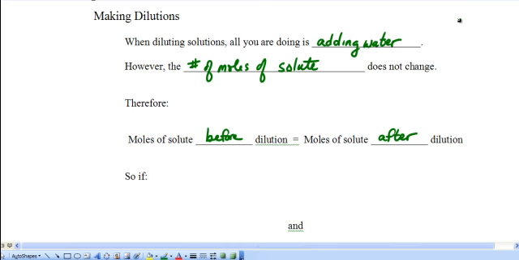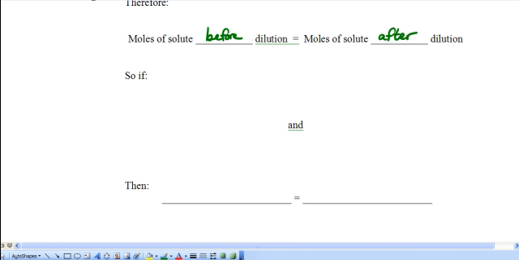Now let's think about this, and you're never going to have to repeat this on a test, but let me show you why this equation that we're moving towards is going to work. So let's say you have the concentration before equaling the moles before over the liters before.